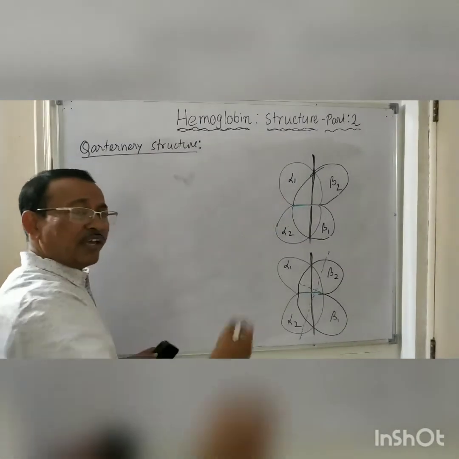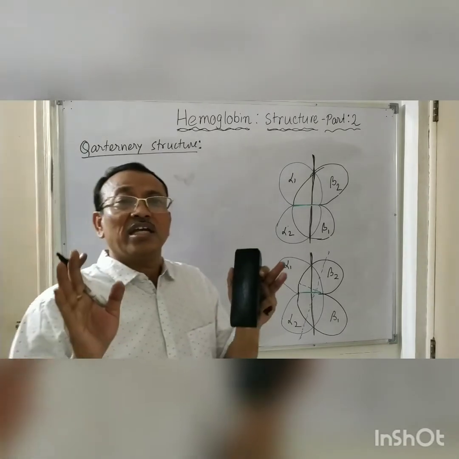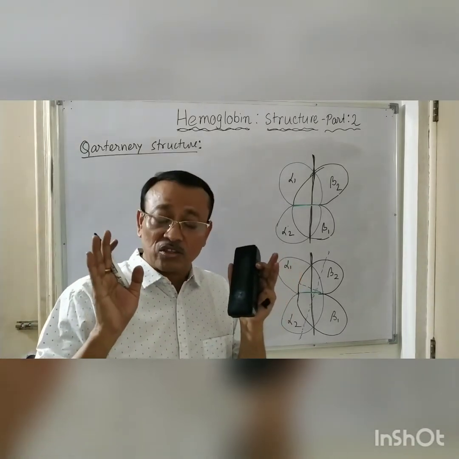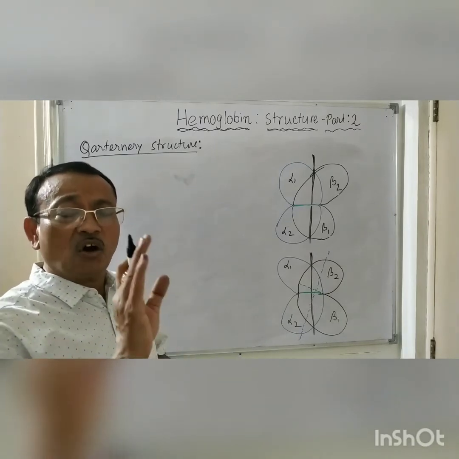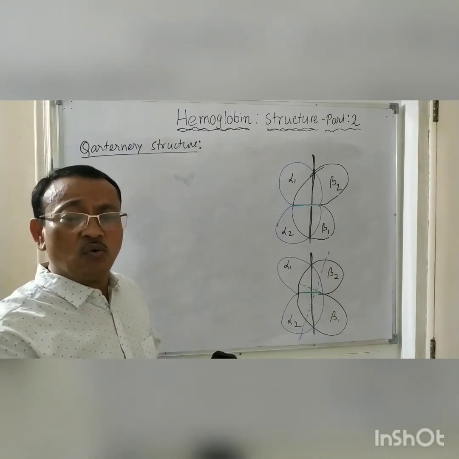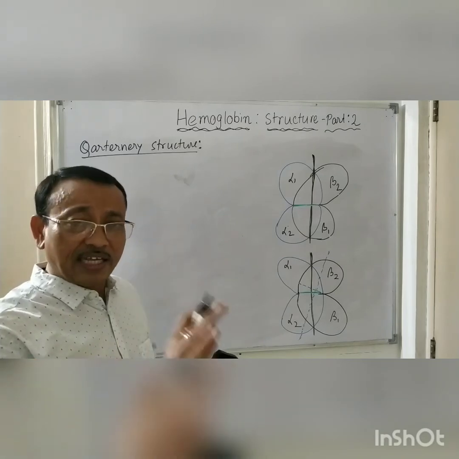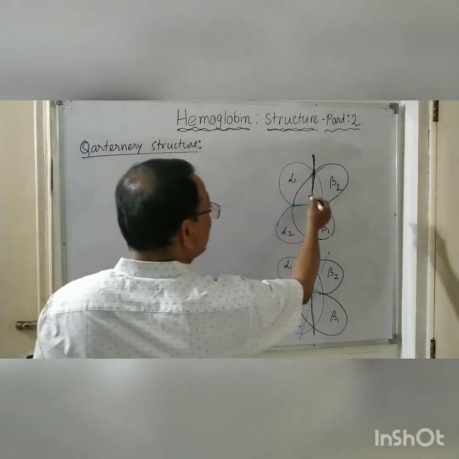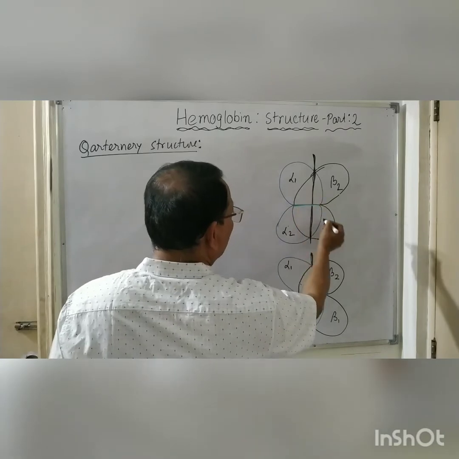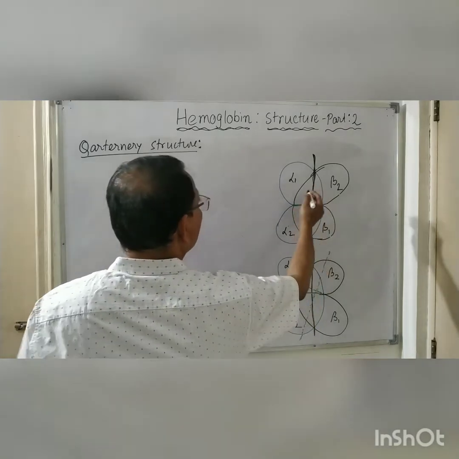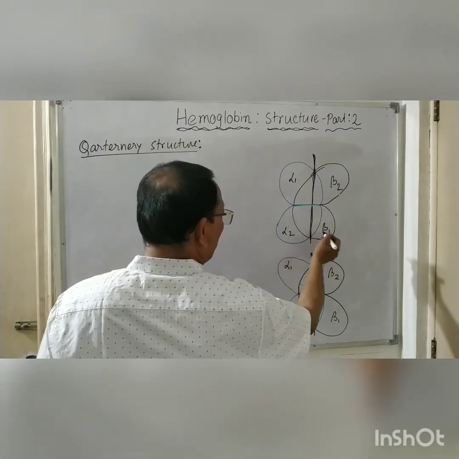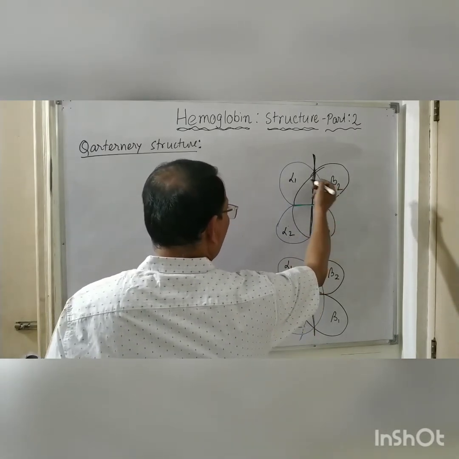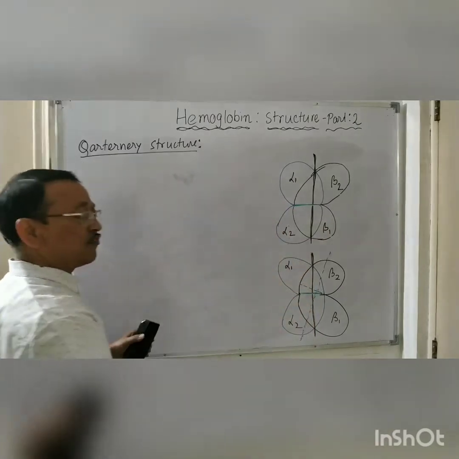But in such a way that these are not homodimers. That means alpha 1 does not bind with alpha 2. Alpha 1 binds with beta 1 or beta 2, whereas beta 1 binds with alpha 1 and alpha 2.